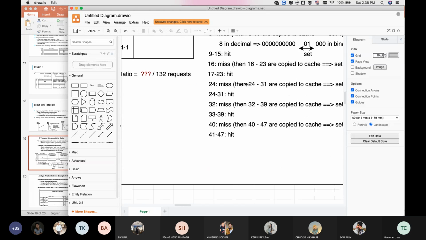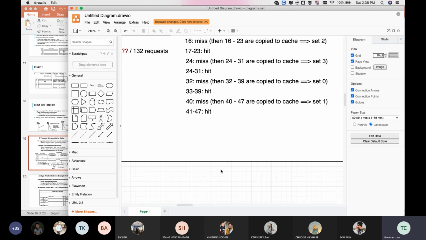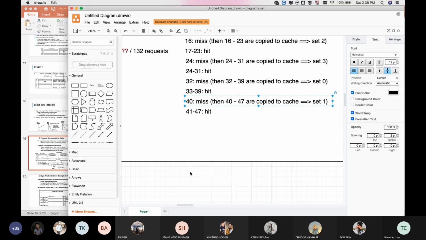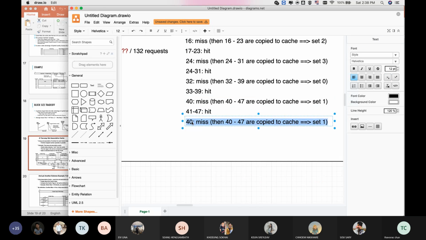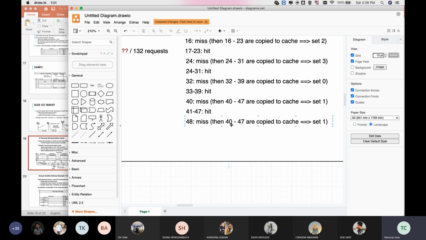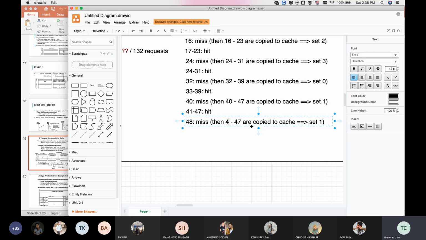Okay. So after that, address 48 is a miss, and then we copy the entire block again. 48 until which one? 51.